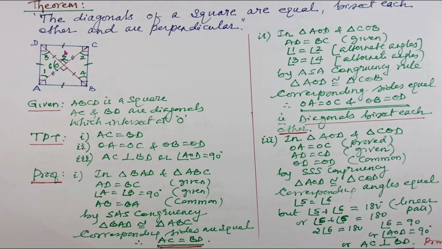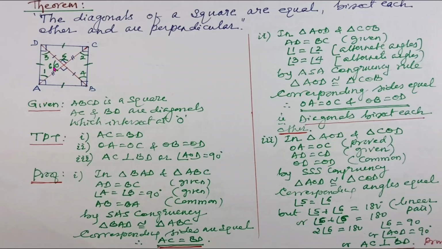If two triangles are congruent, as you know, the corresponding angles are equal. Therefore, angle AOD and angle COD are equal, but AOC is a straight line, rather AOC is a straight angle. Angle AOC is 180 degrees. That means angle AOD plus angle COD is 180. But we know that angle AOD and angle COD are equal, just we have proved it.